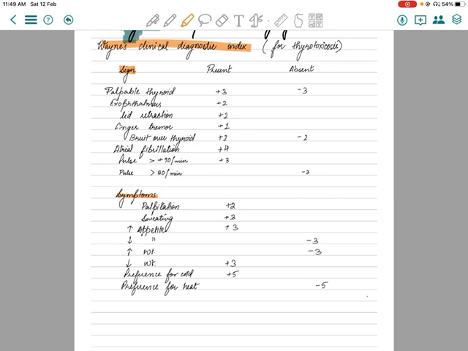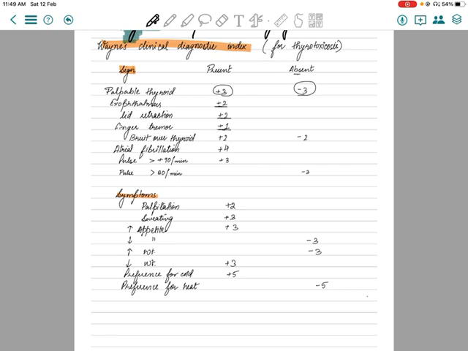A palpable thyroid is scored +3 if it's present, and -3 if it's absent. Exophthalmos is +2. Lid retraction is +2. Finger tremor is +1.